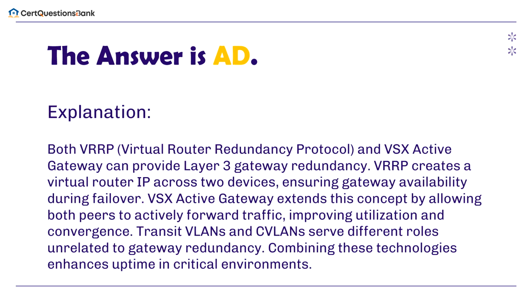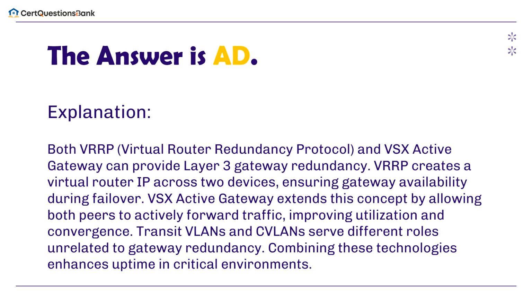Both VRRP, Virtual Router Redundancy Protocol, and VSX Active Gateway can provide Layer 3 gateway redundancy. VRRP creates a virtual router IP across two devices, ensuring gateway availability during failover.